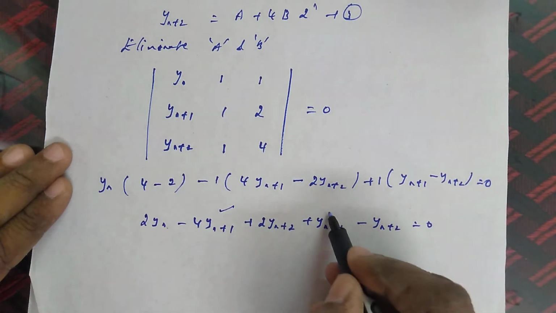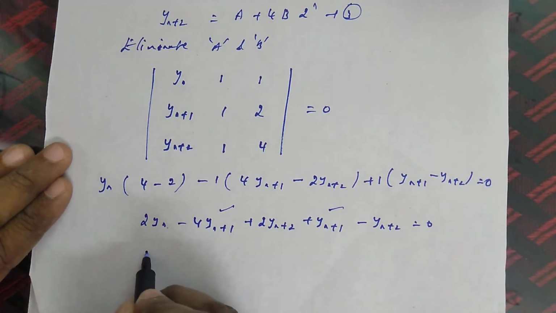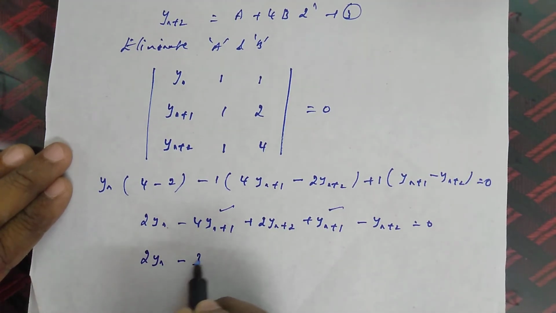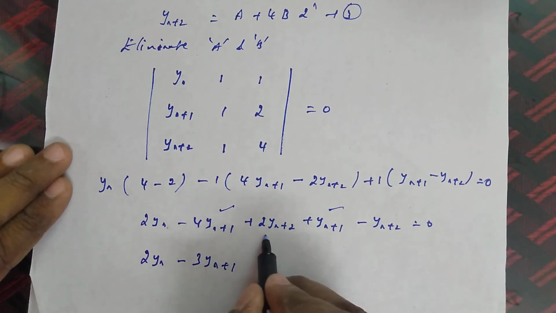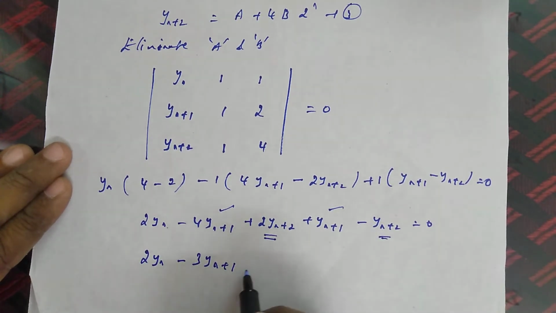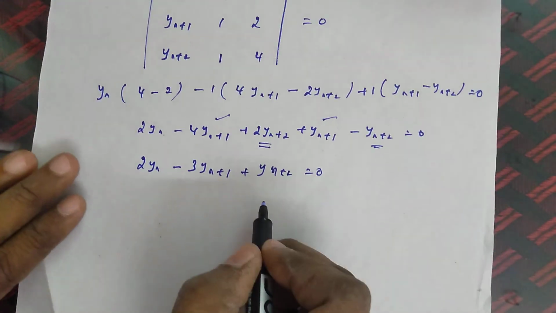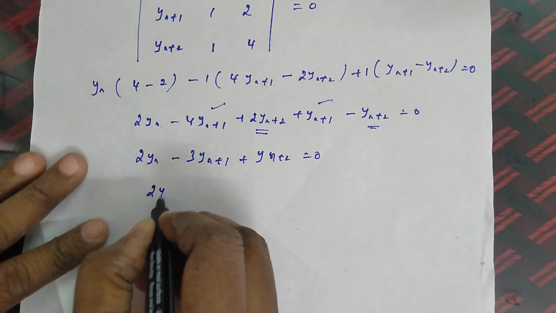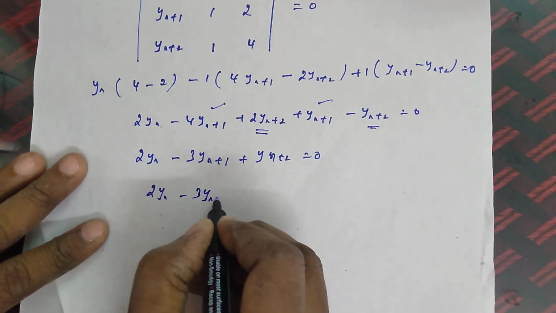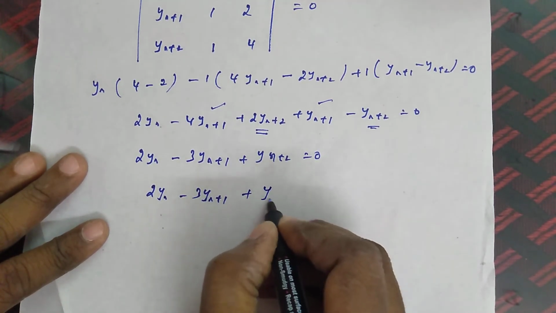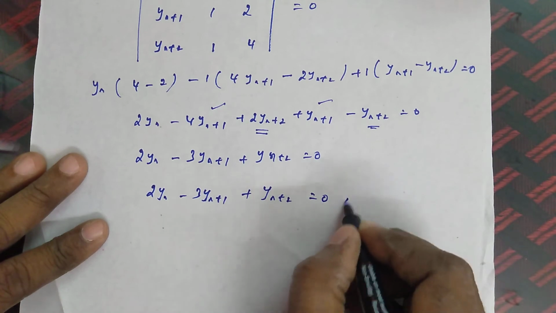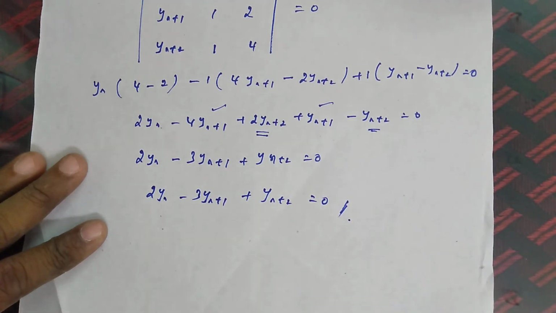So yn plus 1, here also yn plus 1. So 2 yn minus 3 yn plus 1, and here it is yn plus 2 minus, so we get plus yn plus 2 equal to 0. Therefore, the required difference equation is 2yn minus 3yn plus 1 plus yn plus 2 equal to 0. This is the answer for the second question.